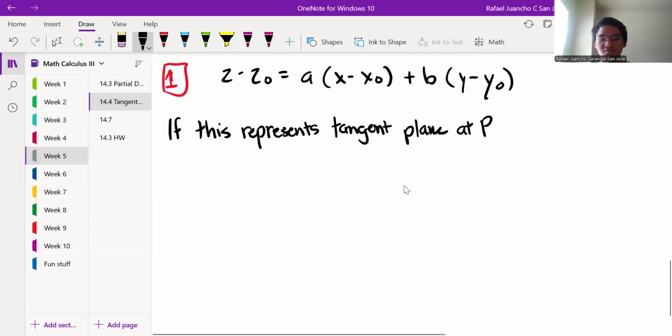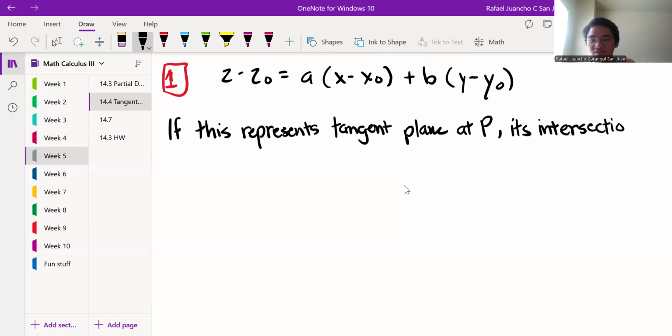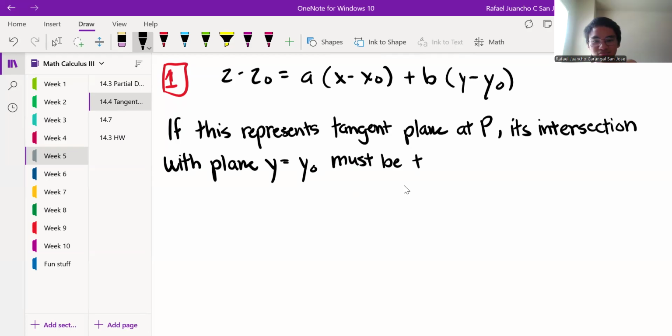And we have this tangent plane at that particular point P. Well, its intersection, because we did talk about vertical planes, right? So its intersection at this vertical plane y equals y naught must be a tangent line. And we did do that in our previous video. We're going to call that T1.